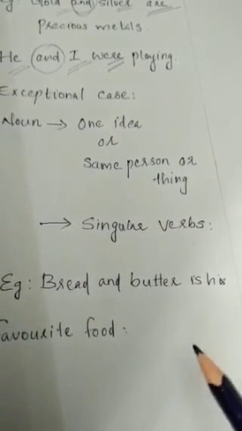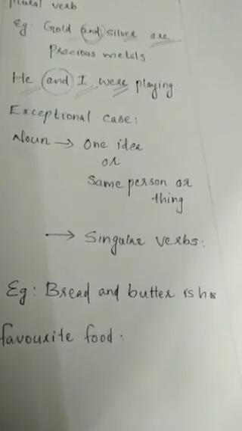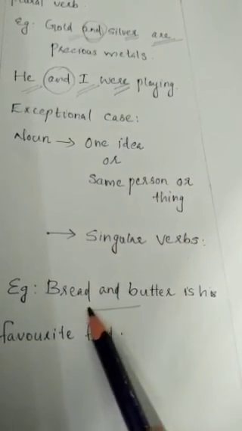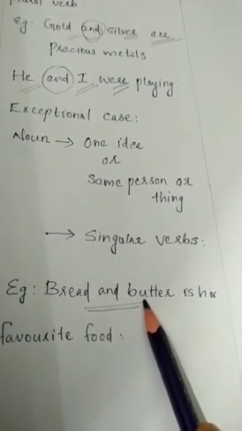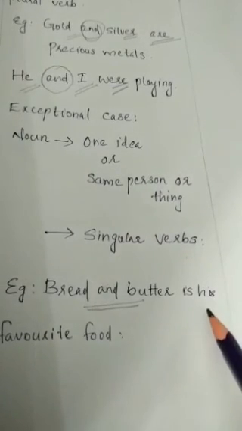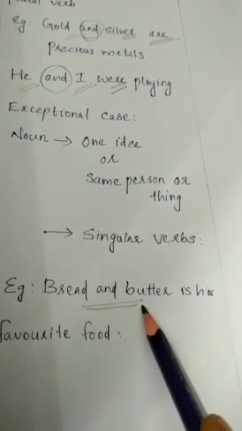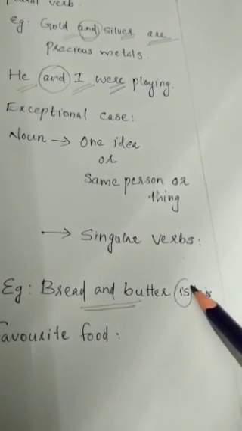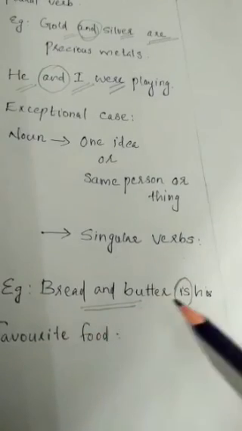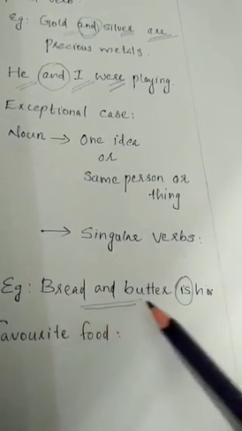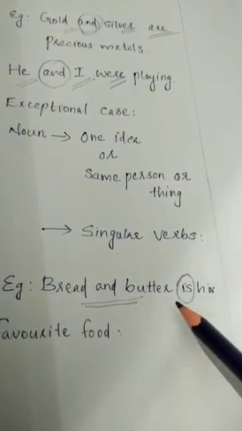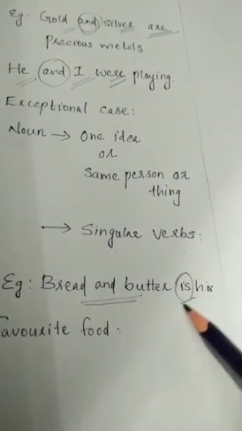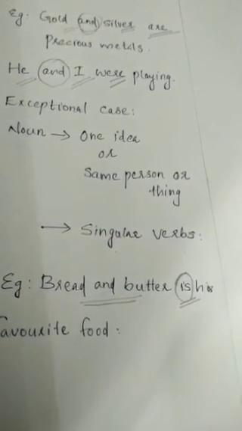Here bread and butter is a combination, and it is considered as one. So we can use the singular verb here. I told you this is an exceptional case. Bread and butter is his favorite food.